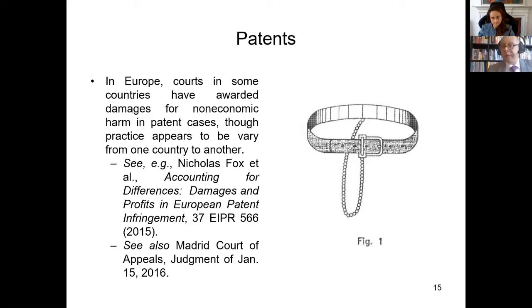However, the plaintiff also was entitled to non-economic damages, moral prejudice damages for injury to reputation because the defendant marketed the infringing beaded thong in a plain cardboard box, which supposedly compromised the luxury image associated with the plaintiff's product. So at least within Spain, there was support for moral prejudice damages in the patent infringement context.